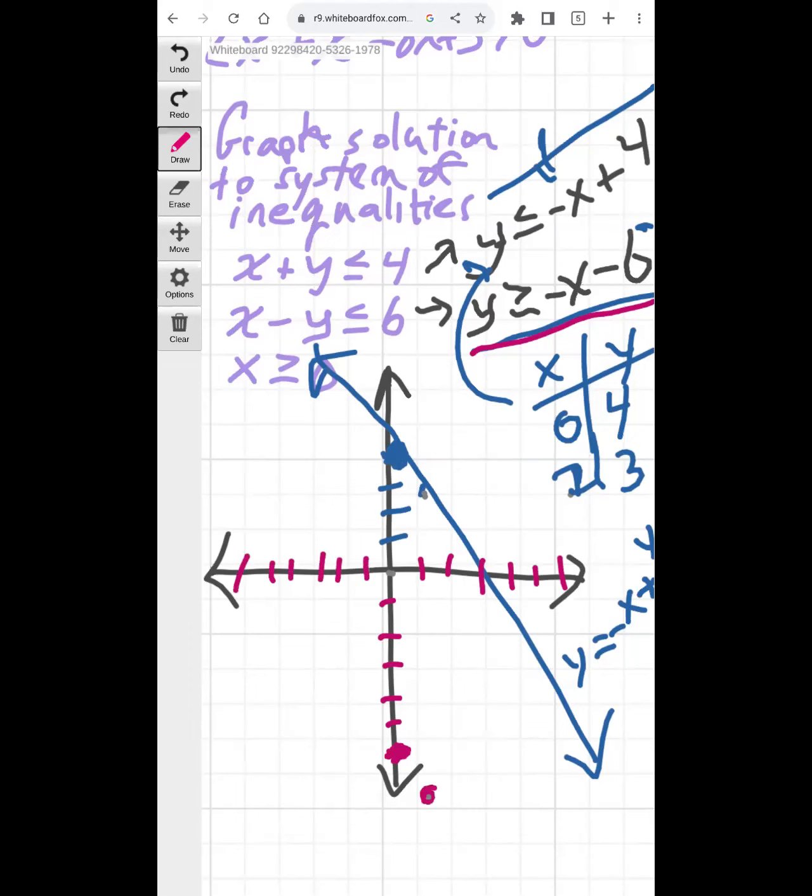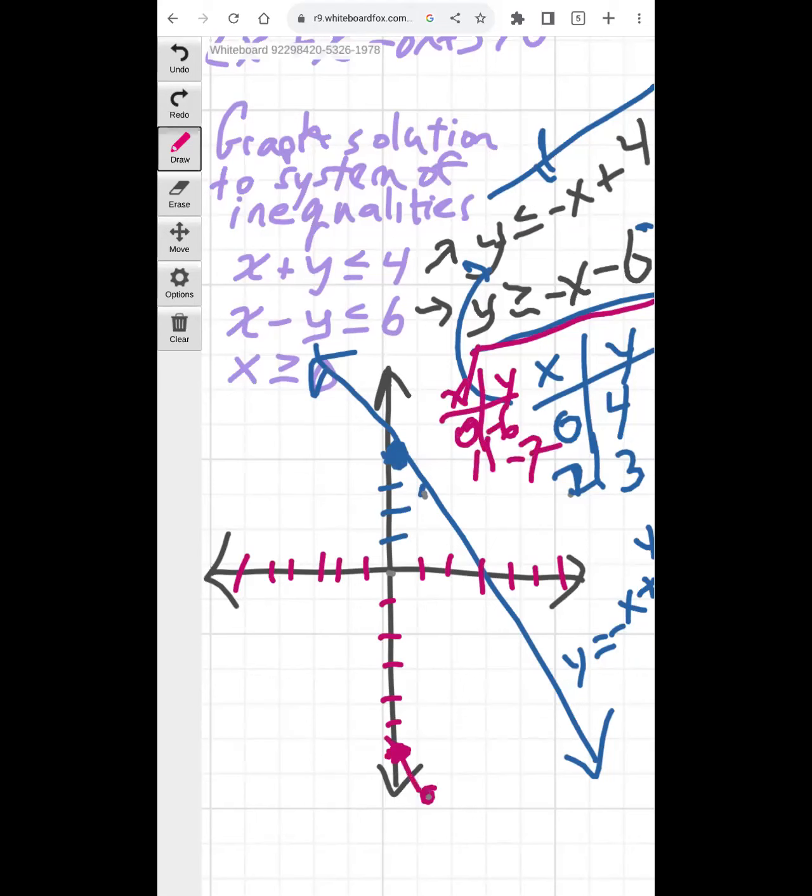If x is 1, then negative 1 minus 6 is negative 7. So I'm sorry, I'm going to draw the xy table really quick. If x is 0, y is negative 6. If x is 1, then y is negative 7.